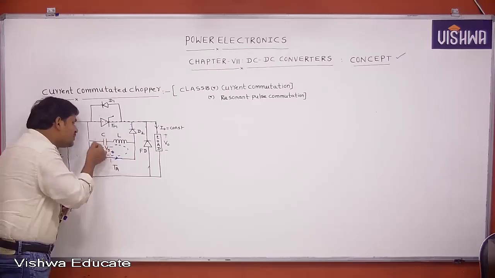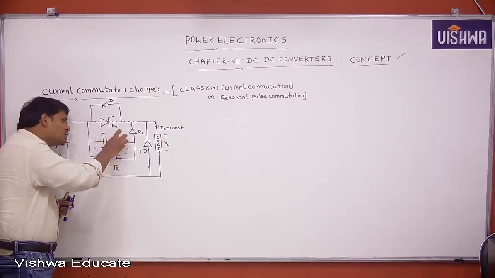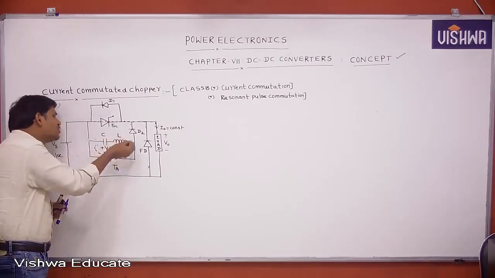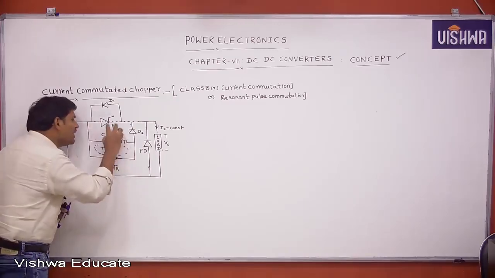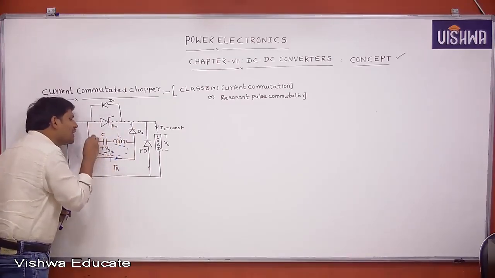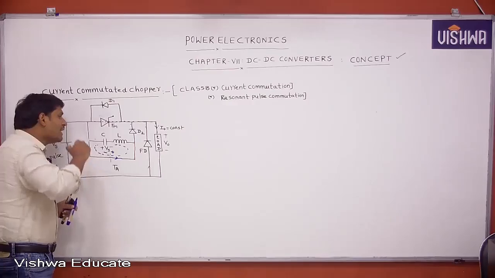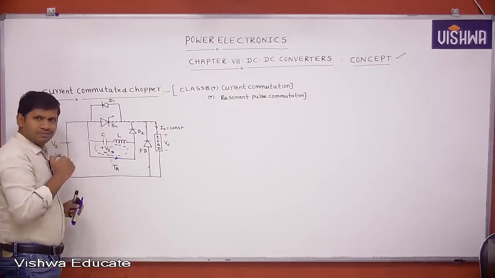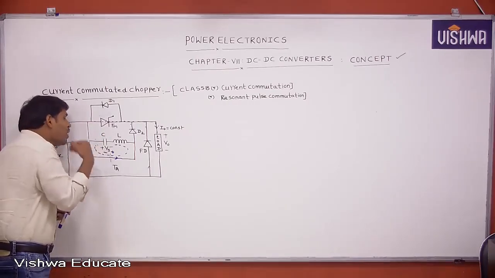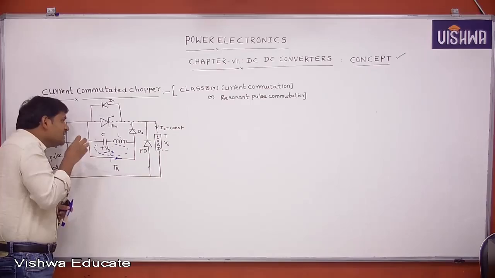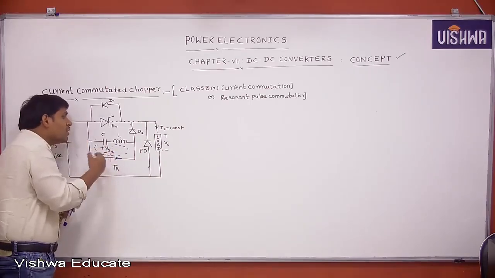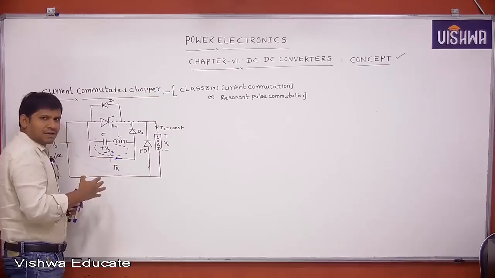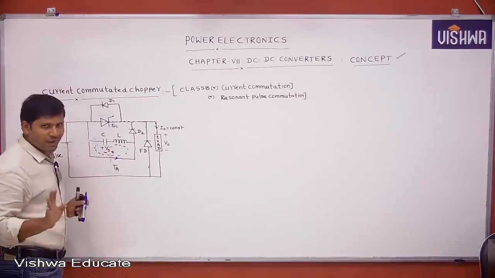During this process, whatever energy is stored in the inductor is also transferred to the capacitor. That is a point to remember. Because the energy stored in the inductor is transferred to the capacitor, the capacitor may be overcharged. Because of that overcharging, the voltage in the capacitor increases. What is the peak voltage in the capacitor? That I want to calculate. Later on I will explain.